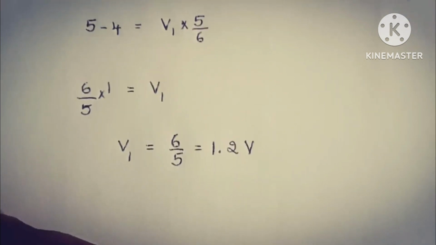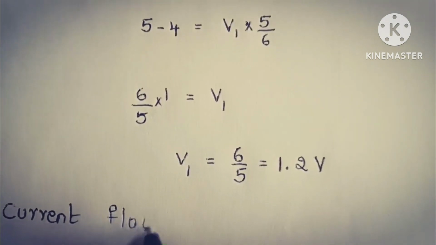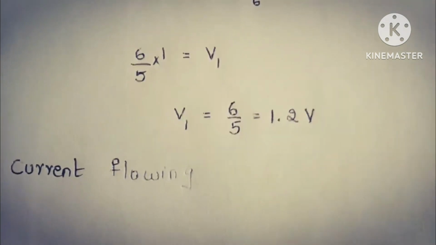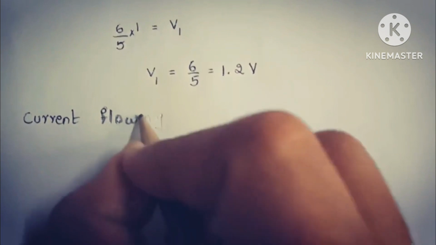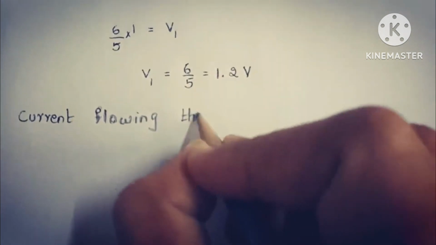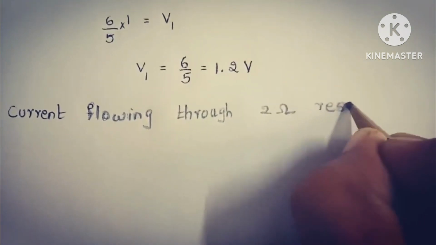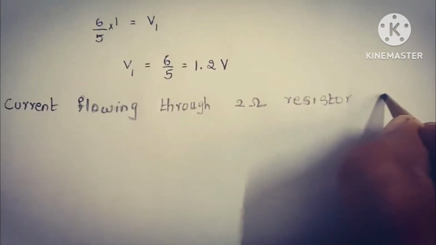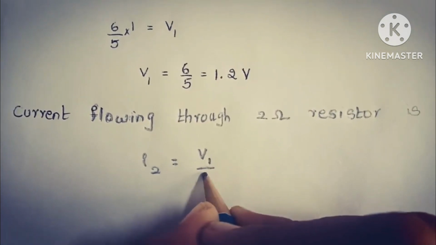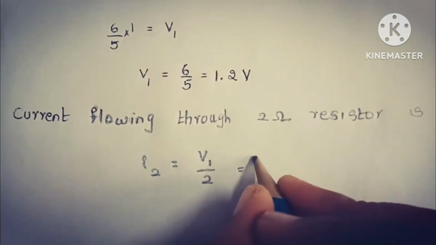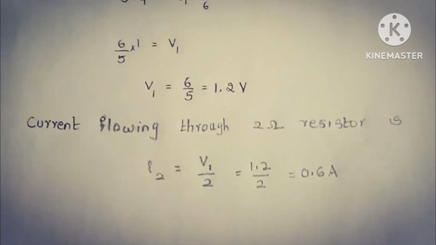Therefore, the current flowing through the 2 ohms resistor is I2, which is equal to V1 by 2, that is 1.2 by 2, which is equal to 0.6 amperes.